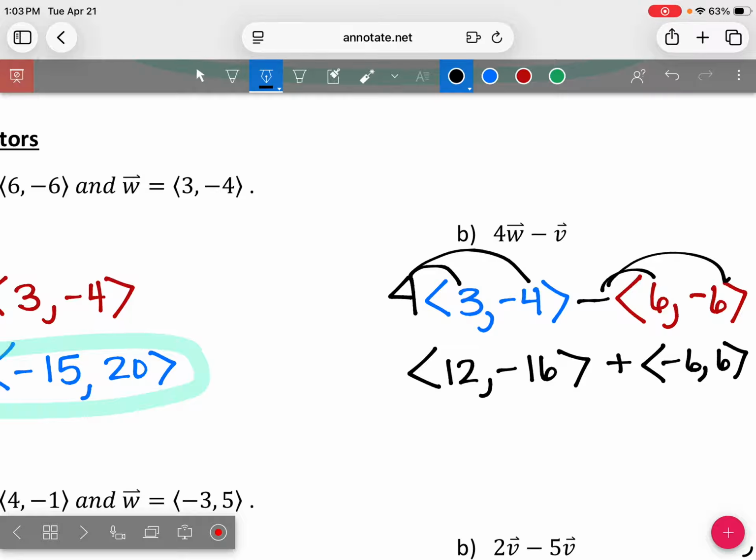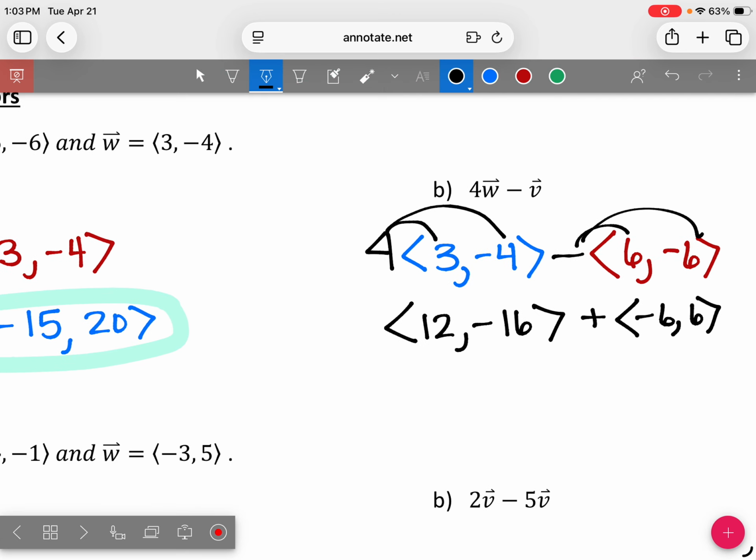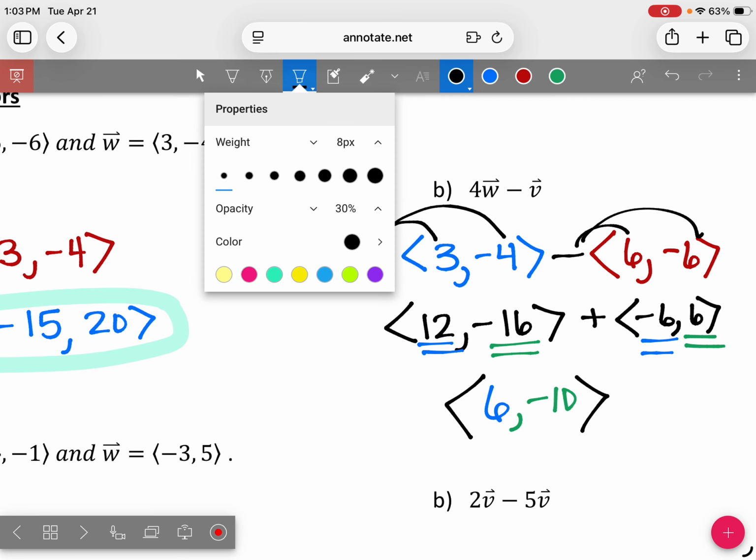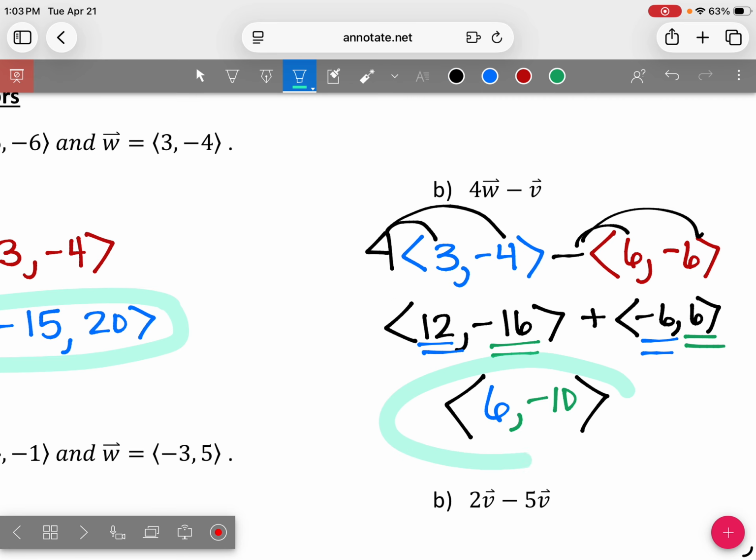And now you're ready to add together your horizontal components, which would give me a 6, and your vertical components, which give me a -10. And that's it. It's that simple. That's what I got.